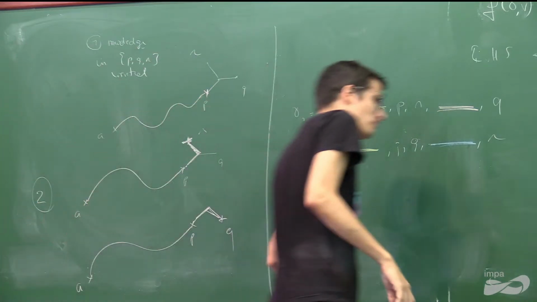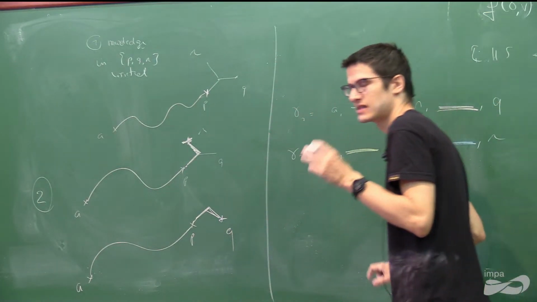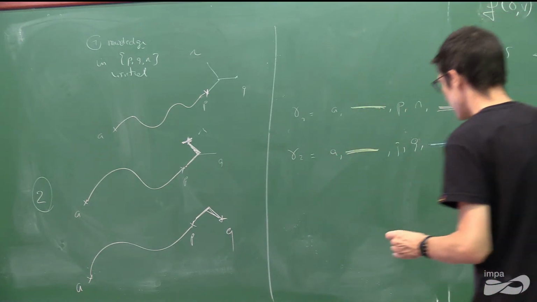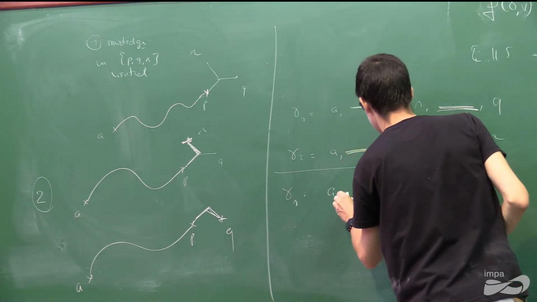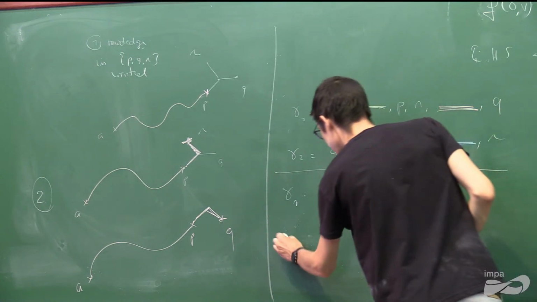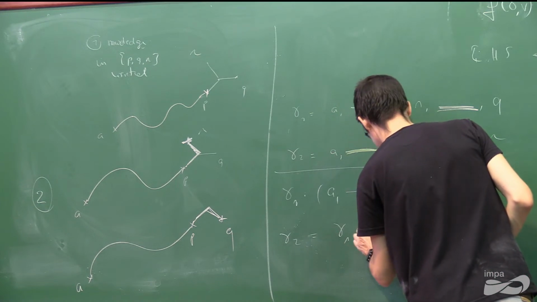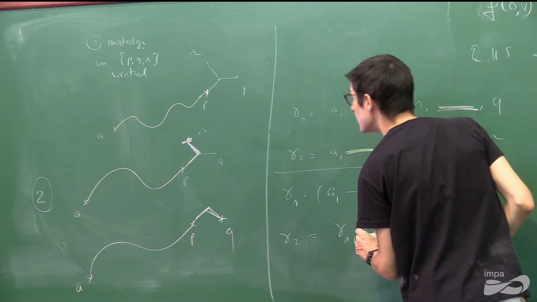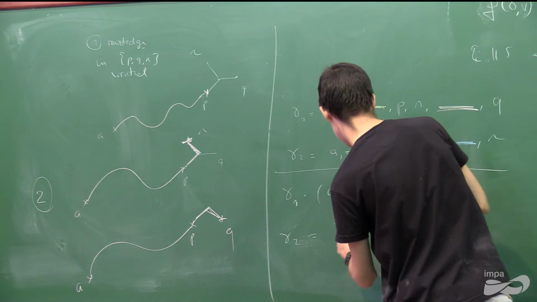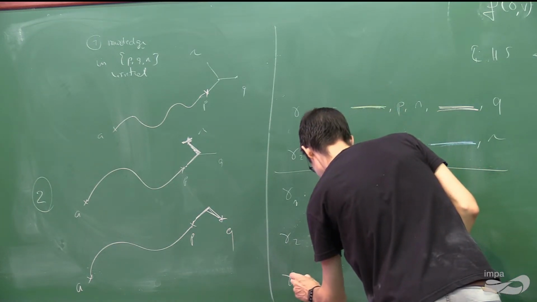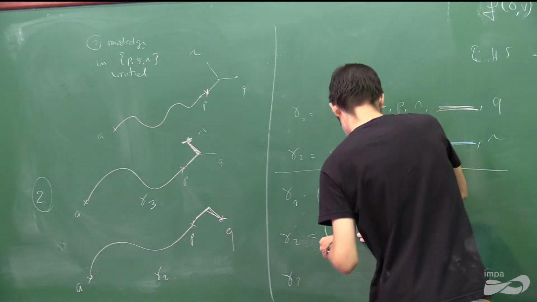Okay, so from now on, this way of grouping paths by 3 is much easier. In this new case, A is just a given sequence that ends up at P, and gamma 2 will be exactly the same sequence, and it will be gamma 1, Q, and gamma 3 will be gamma 1, R. Let this one be gamma 2 and this one be gamma 3.